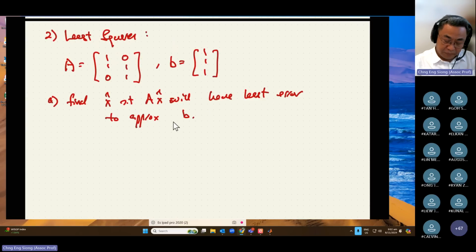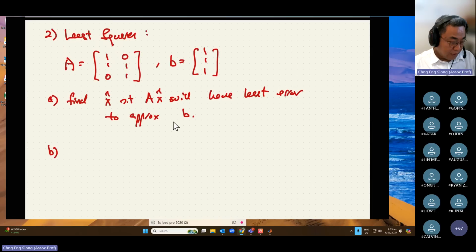All right. Then x hat is... Marvin asks, should we assume that there is no solution or do we have to check first? I mean, I'll ask you to find x hat. If you use Gaussian elimination, you realize that this is an inconsistent equation.